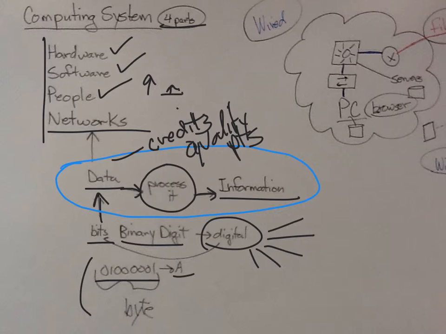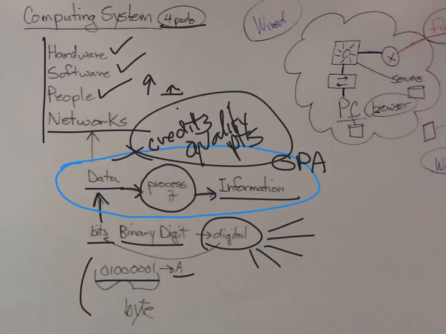And then you can divide that out and you get a GPA. So we don't store your GPA. We keep these. It's just like in data, you don't store how old somebody is, you store their birth date. So the birth date's a piece of data, and then we can process that into information.